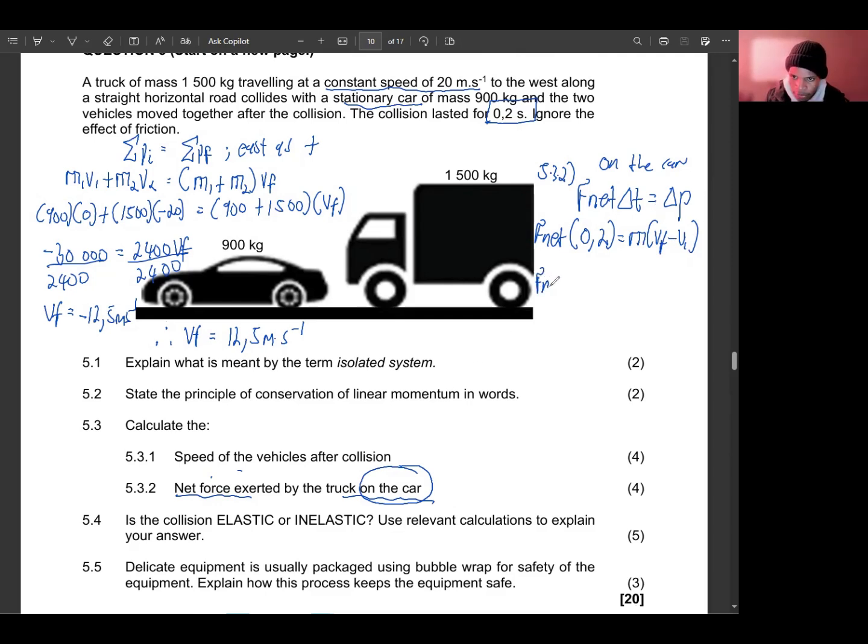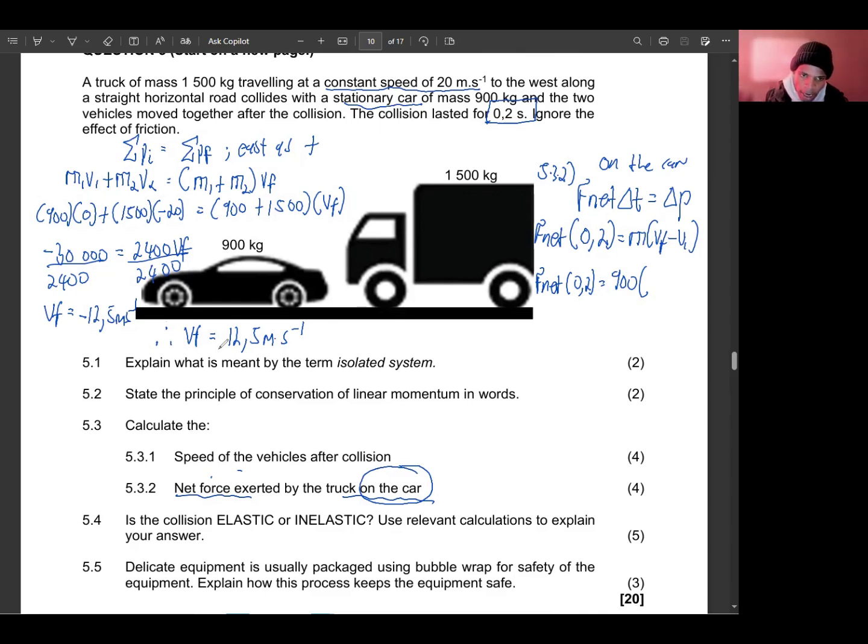So this gives us F net is equal to, over 0.2, the mass of the car, which is 900 kg. And then the final velocity of the car is what? Remember, final velocity for both the truck and the car will be the same because now they're moving as a system.